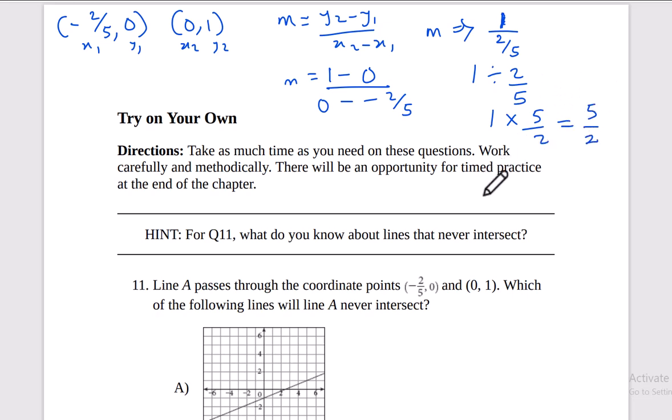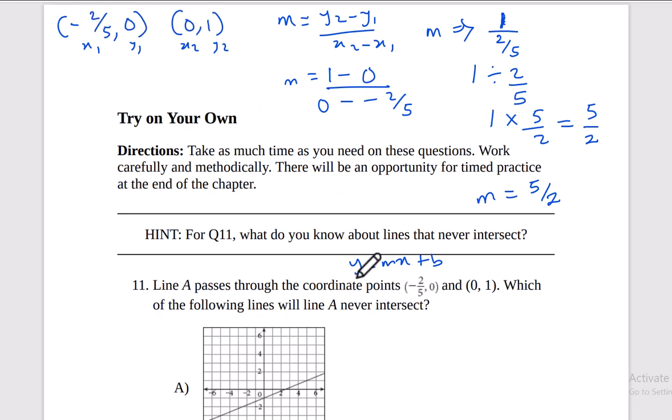So this is our slope. Our slope is 5 over 2. Now, because our slope is 5 over 2, it means we are expecting a positive graph. Let me just finish it up. Using y equals mx plus b, let's plug this into our equation. Already we know that our y-intercept is 1 because x is 0, but let's still plug it in. I want to use this point, because I struggle with fractions and negatives.